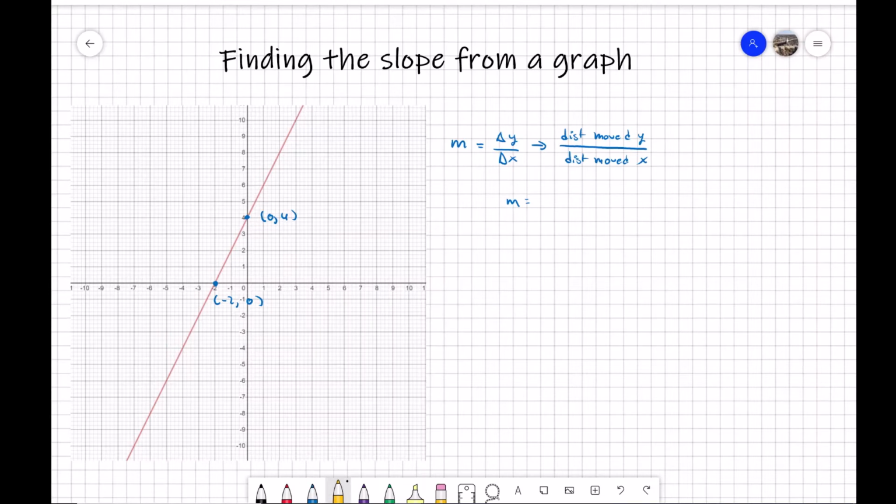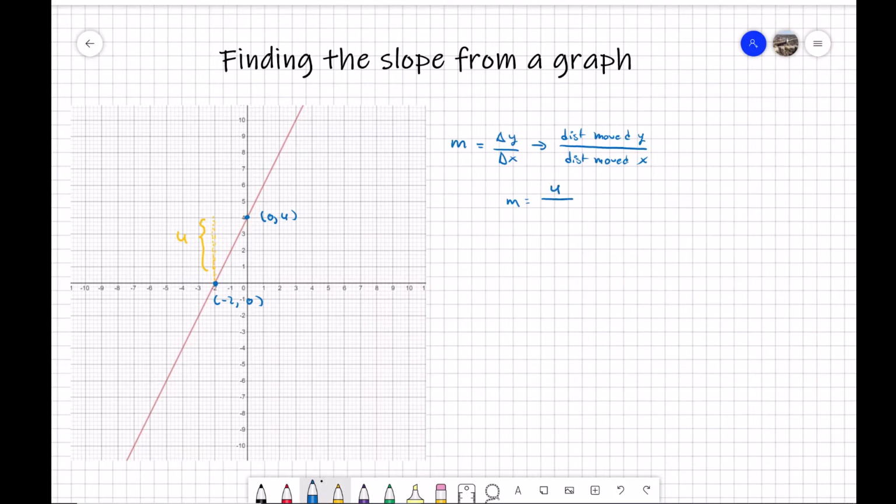We see that in order to make this point get to this other one, we moved 4 positions. So now we know the change in y, which is 4.